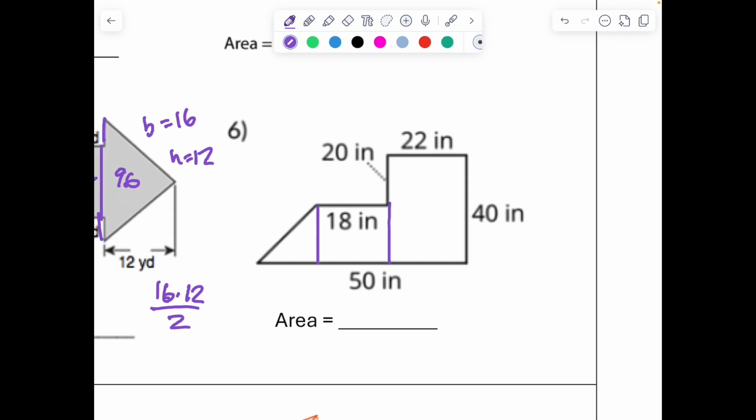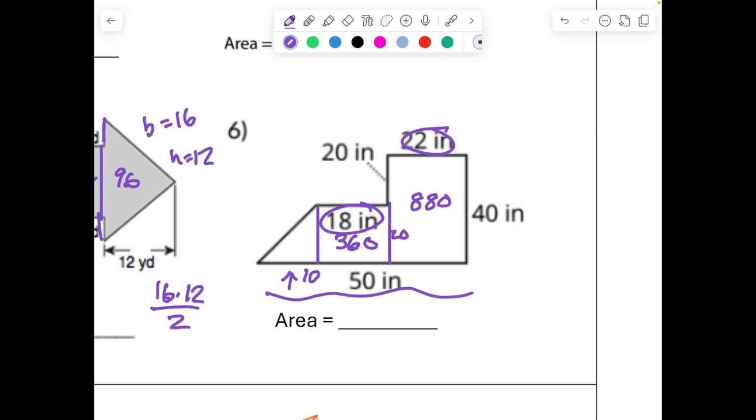Over here, I'm going to break this into a triangle and two rectangles. This height is going to be 20 since we have 20 over here and the whole thing is 40. So we have a 20 by 18 rectangle, which is 360. A 22 by 40 rectangle, which is 880. And then for our triangle, the whole thing is 50, but we've already used up 18 and 22, which is 40.